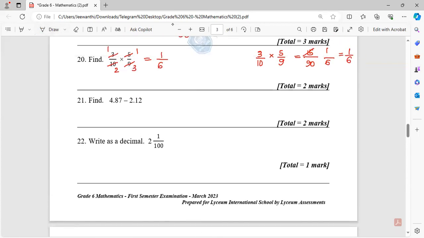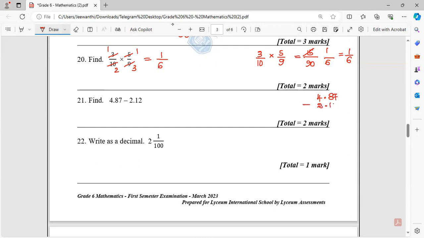Then we have another 2 more questions in part 1. 4.87 subtract 2.12. 7 minus 2, 5. 8 minus 1, 7. 4 minus 2, it is 2. Right? Yes, correct.